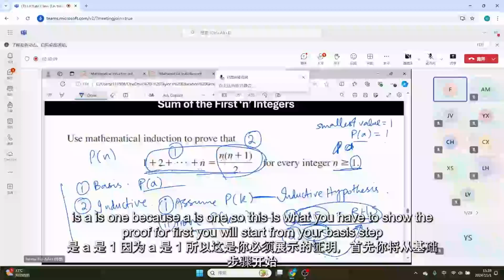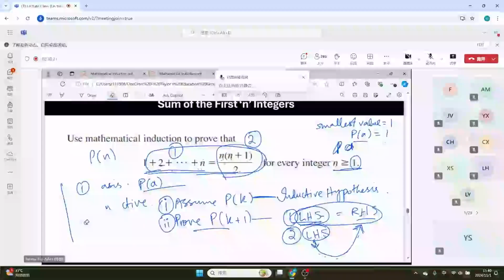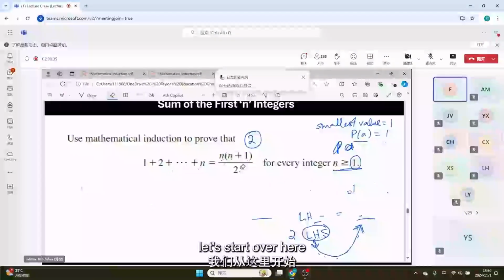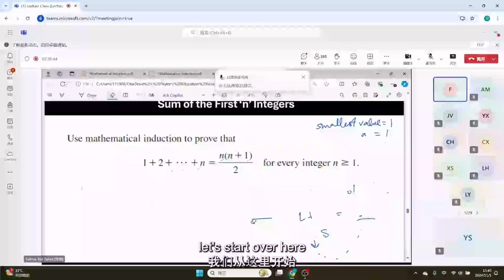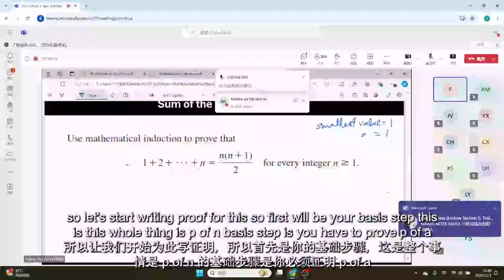You will start from your basis step. Okay, let's start writing the proof for this.